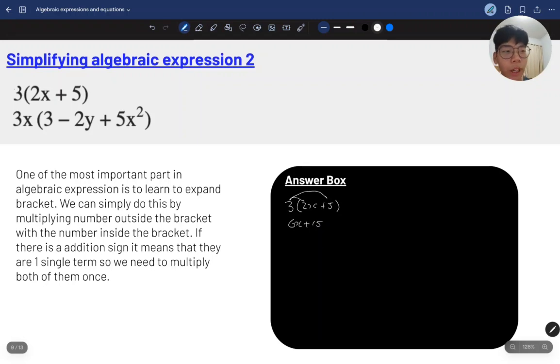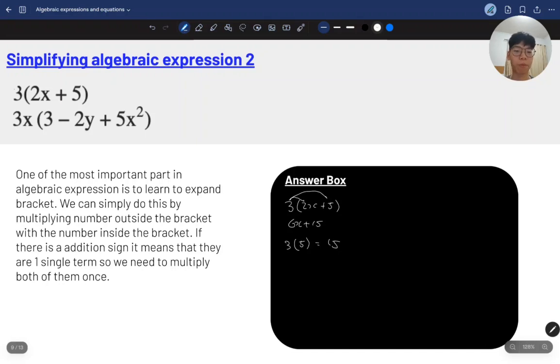The reason that we are multiplying is because of this bracket sign. I believe most of you have learned that this is 15. The reason is because after mathematicians being so stressed writing the multiplication symbol every single time, they have made an agreement that if there's no space between two numbers, they should be multiplied.